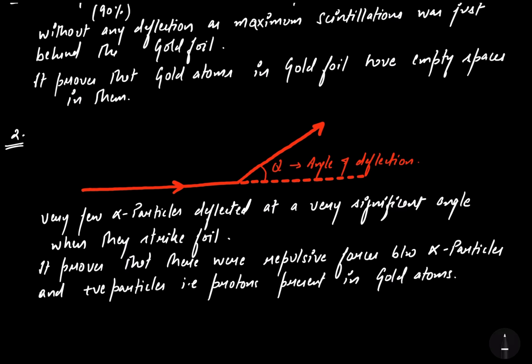The gold atoms are obviously present in the gold foil. What charge does the alpha particle bear? It's a helium dipositive ion. So obviously the alpha particle is also positive and protons are also positive, and like charges always repel each other. So this was the second observation.